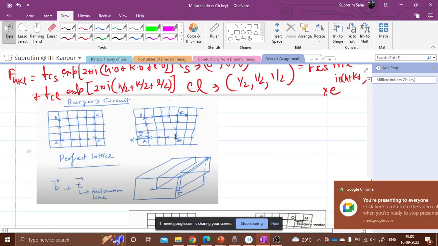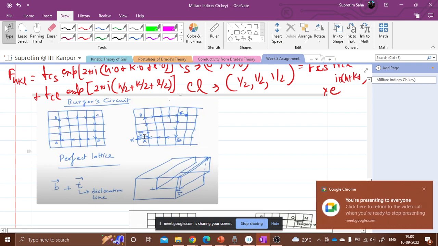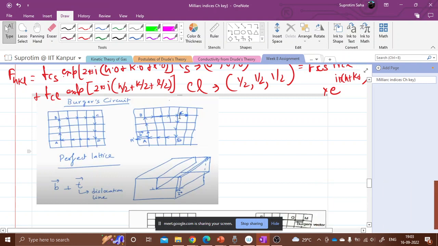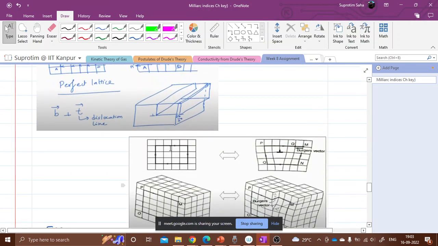If you traverse 4 points along this, you will traverse a lattice point more, because now the lattice is distorted. It is forcing you to traverse a distance more if you have to maintain 4 steps. For this reason, the dislocation line is perpendicular to the Burgers vector, which is the B vector, also shown in this diagram.